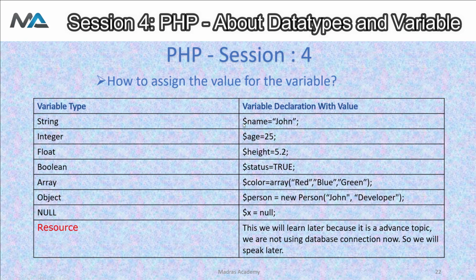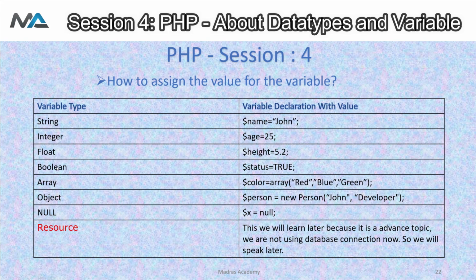If I use dollar symbol color equal to red, only one color I can write here, if you're using string. If it is array, we can add multiple values in a single variable. For that purpose, we are using array, and this intro is enough for now. When we move on to the array topic, I will explain it briefly, and we'll see the concept and practical programs separately.